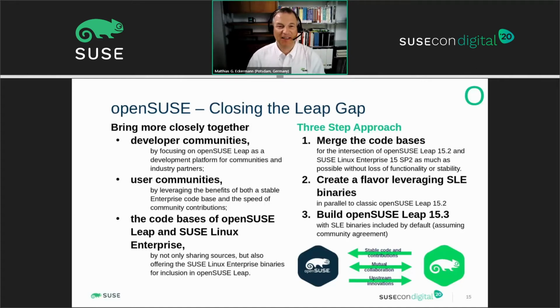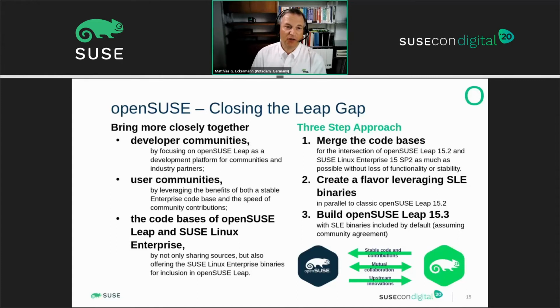It's a little bit funny in English, but nevertheless, the proposal is to bring more closely together, first, the developer communities by focusing on OpenSUSE Leap as a development platform, not only for communities, but also for industry partners.